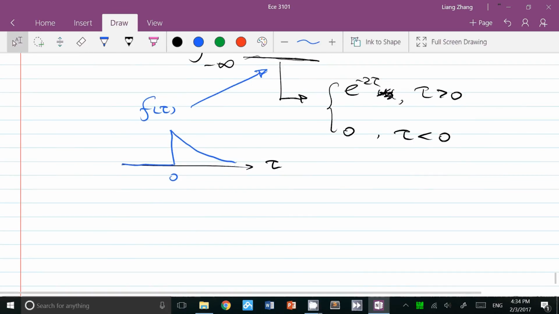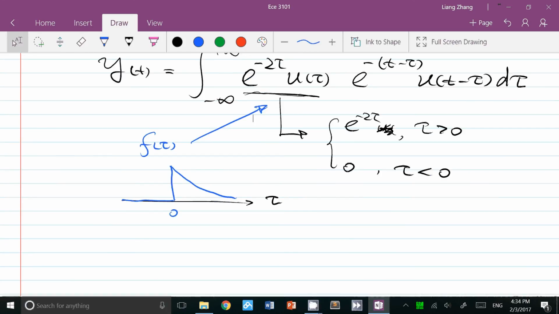Now, the second term is a little strange. Tau is an independent variable, and t is actually a constant. We start from e to the negative t, and we use a different color. We start from e to the negative t u of t, or in the tau axis, e to the negative tau u of tau.